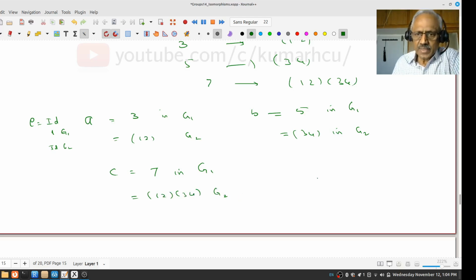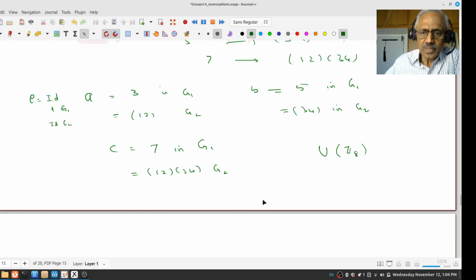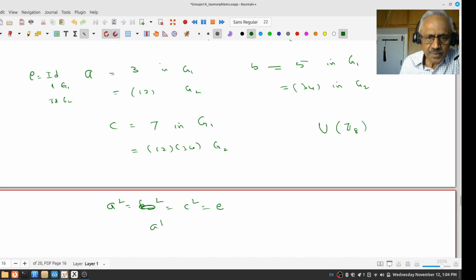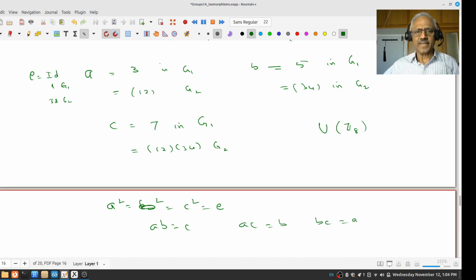So when we looked at U of Z8, we already saw some nice things. A squared equal to B squared equal to C squared equal to identity, and the product of any two of A, B, C gives the third: AC is B and BC is A. They all commute.